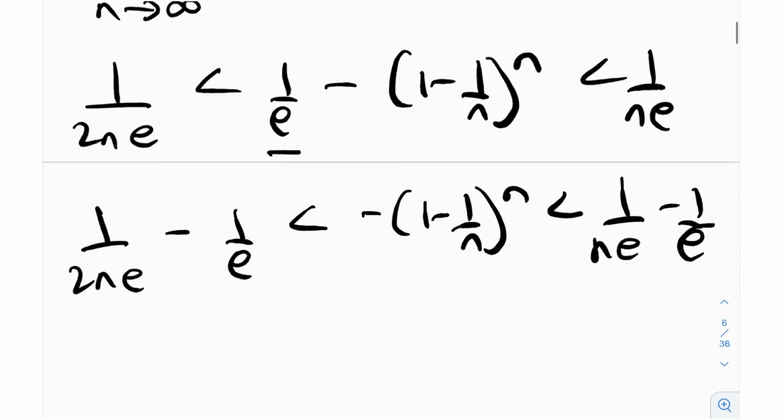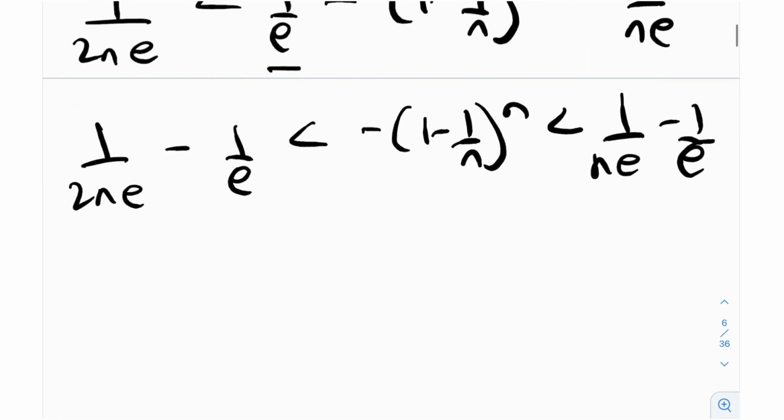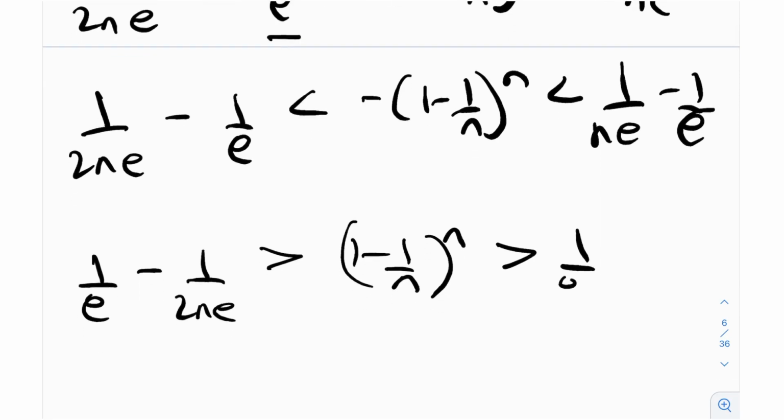Because I have this negative over here, and we really don't like dealing with negatives, let's just multiply every term by a negative. And the sign of the inequality will obviously flip in that scenario, right? So we get 1 by e minus 1 by 2ne that is greater than this quantity in the middle, which is again greater than 1 by e minus 1 by ne.